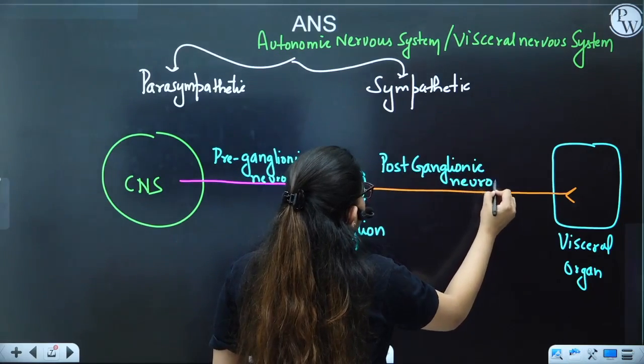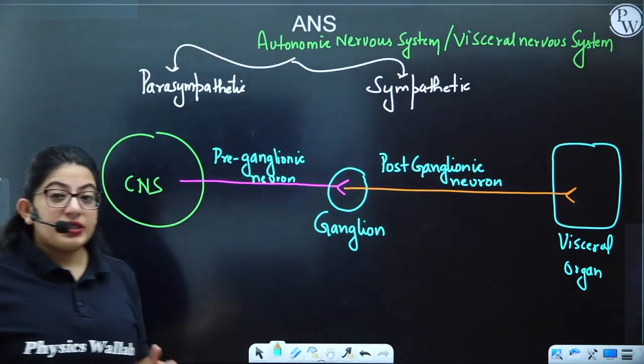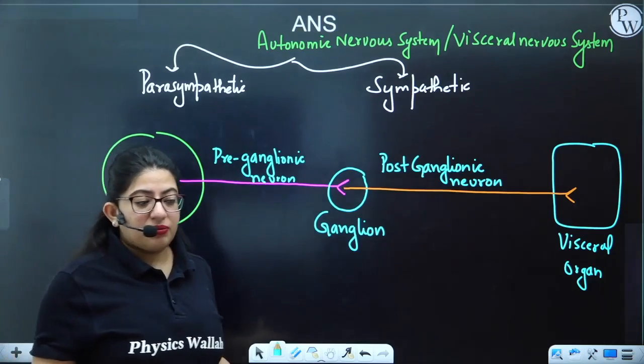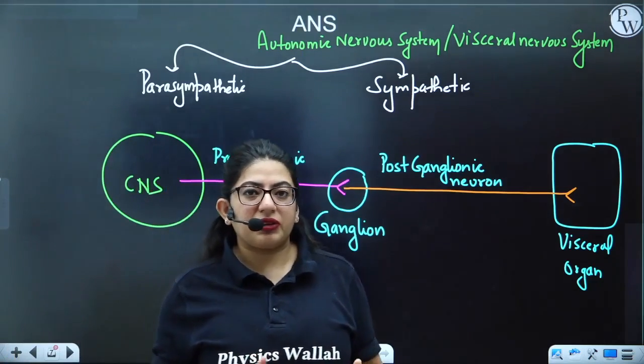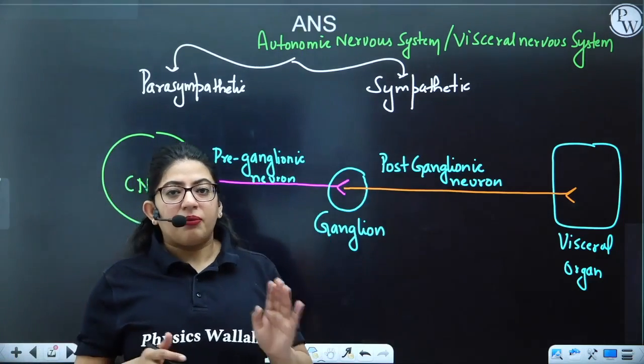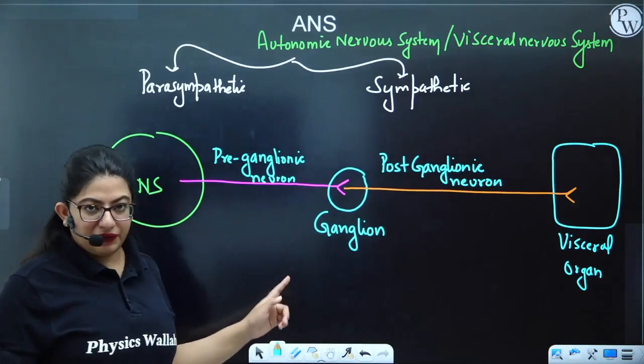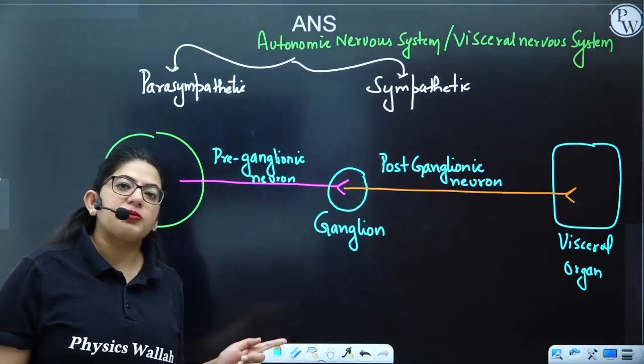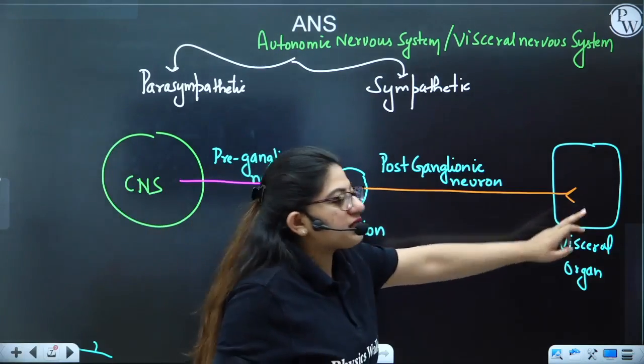Okay. Now, the autonomic nervous system, both sympathetic and parasympathetic, has the same structure, but the nerves emerging will be different, plus the neurotransmitter released at these synapses will be different.